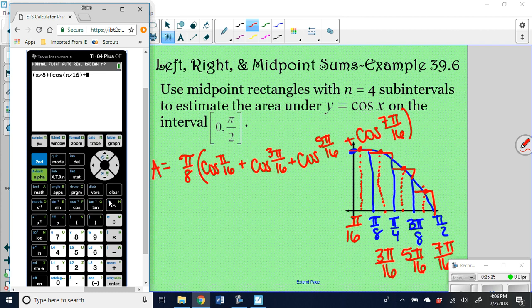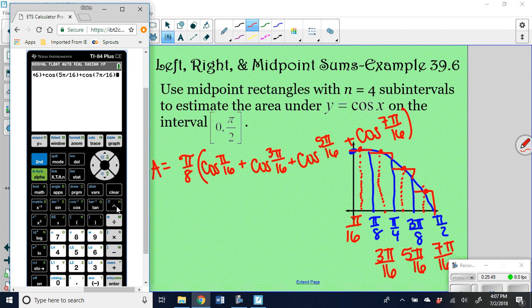And then plus cosine of 3 pi over 16. Make sure you're closing your parentheses for each cosine. Plus the cosine of 5 pi over 16. Plus the cosine of 7 pi over 16.